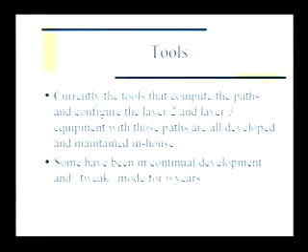Tools. Currently, the tools that we use to compute the paths and that configure the Layer 2 and Layer 3 equipment with those configurations are all developed and maintained in-house. We do check some accuracy using tools like OpNet and Wandl and some of the other network modeling tools, but the actual tools that we use to measure the traffic flows and to actually lay out the paths are all in-house tools.